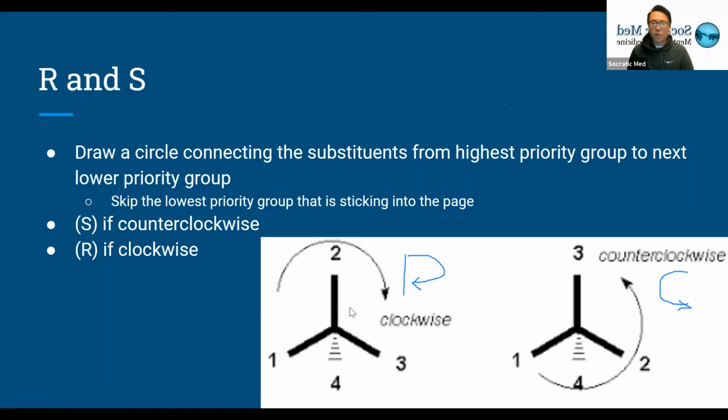So after you determine the priority of the functional groups, have the lowest one sticking into the back, so don't consider that when drawing a circle. And then when you draw the circle from highest to second highest to third highest, if it's a clockwise circle, it's an R configuration, and if it's a counterclockwise circle, it's an S configuration.